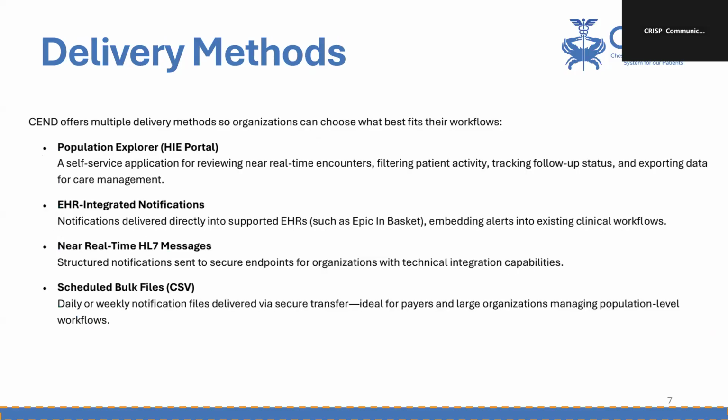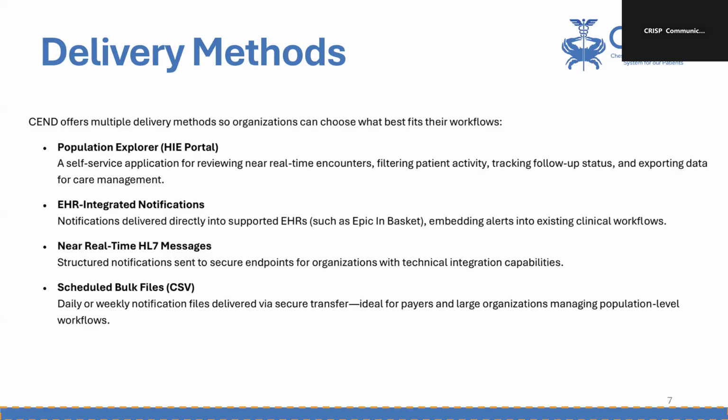One more thing I'll say about delivery methods: if your organization is only using Population Explorer and you want to find out more about these other methods, you can always reach out to our support line, or if you know who your dedicated CRISP account manager is, you can reach out to them and they can help facilitate the discussion to see if your organization has the integration capabilities for some of these.